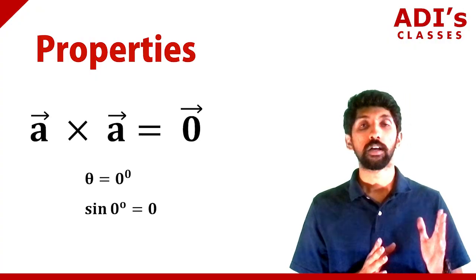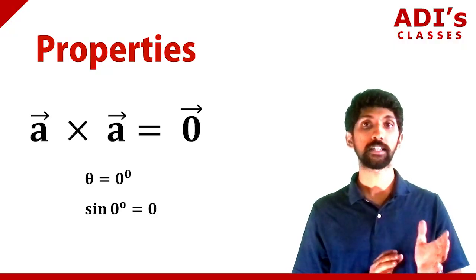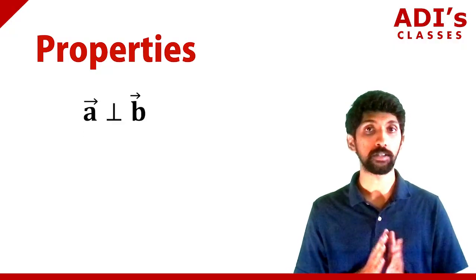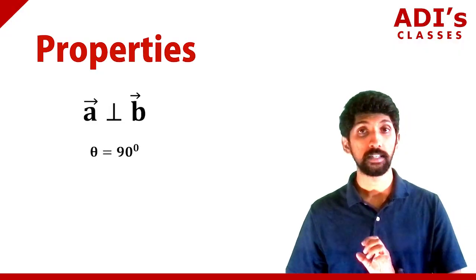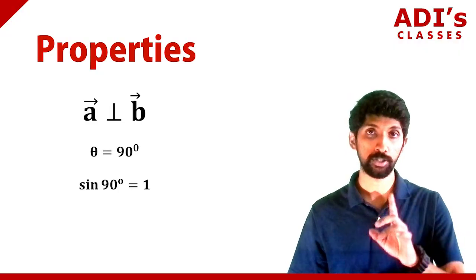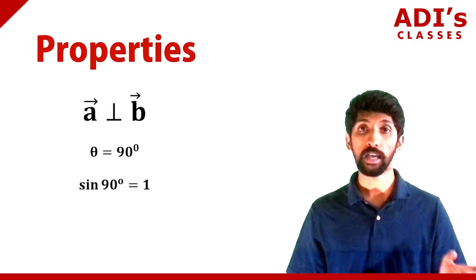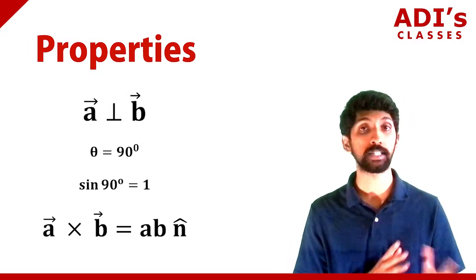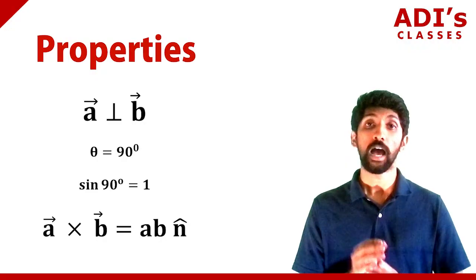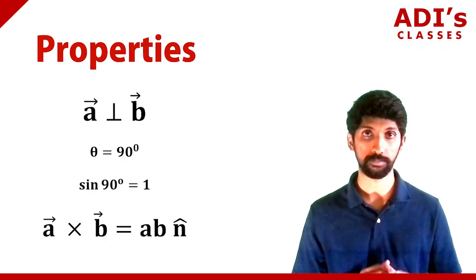Next, if vector A and vector B are perpendicular to each other, then theta is 90 and sine 90 is maximum, which is 1. So A cross B will be just AB into n cap. The maximum value is at 90 degrees and the minimum value is at 0.